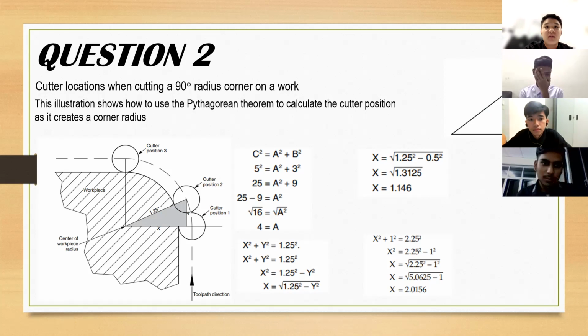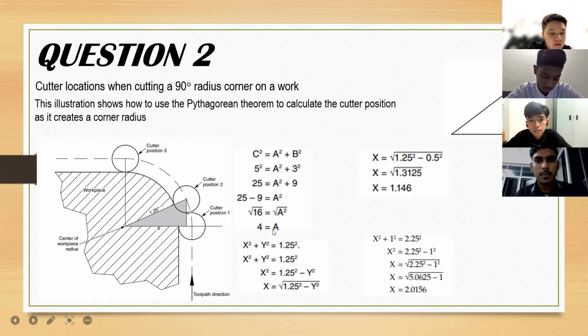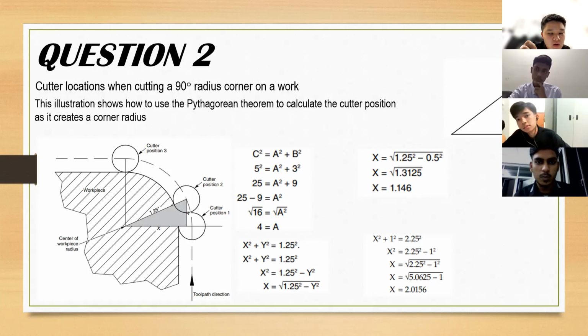To solve for A, substitute the known values into the formula to get 5 squared equals A squared plus 3 squared. So 25 equals A squared plus 9.